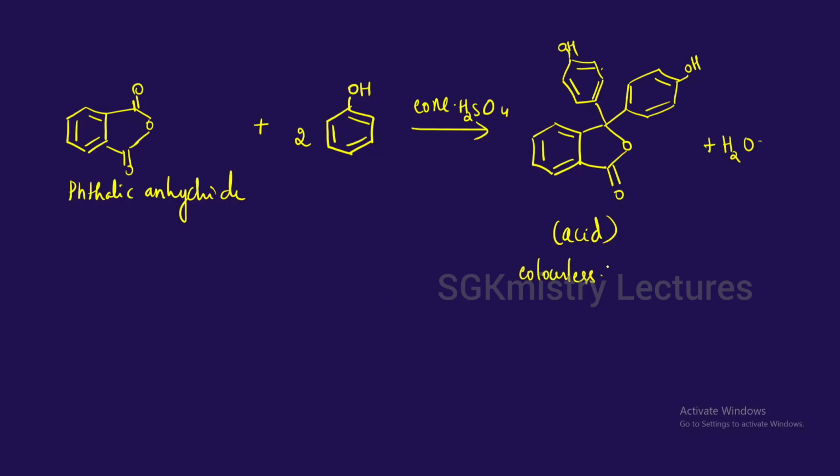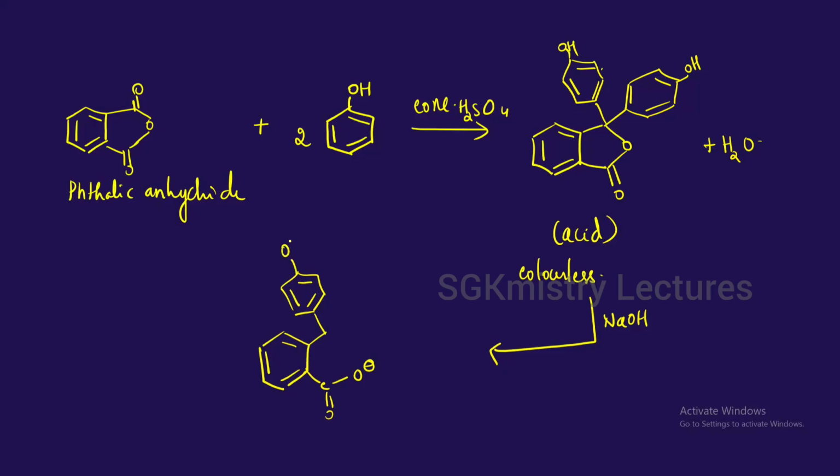Now we add the base NaOH, and in the presence of base phenolphthalein is pink in color. The conjugation changes, and this becomes C double bond O minus. The phenol ring remains as such, OH.